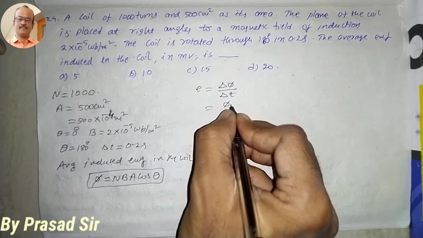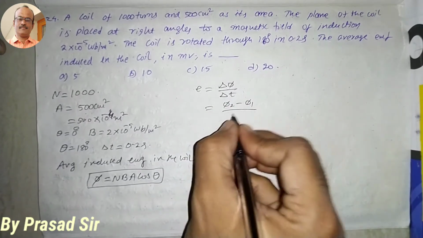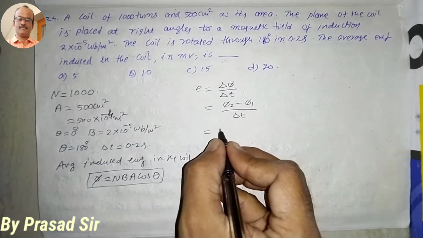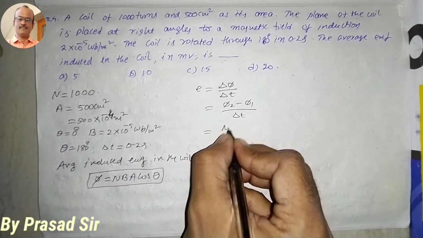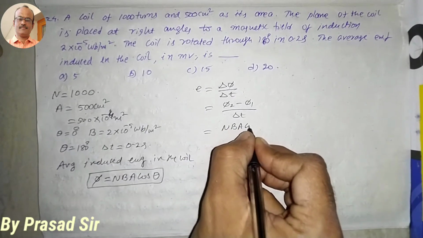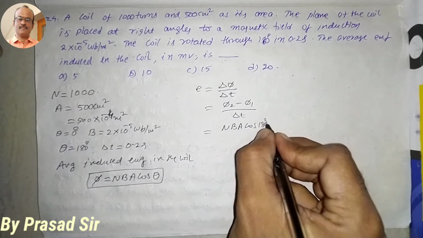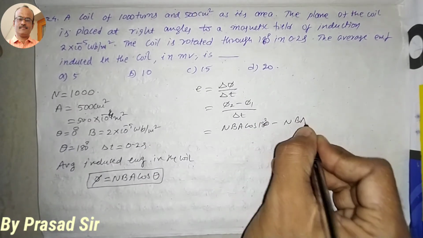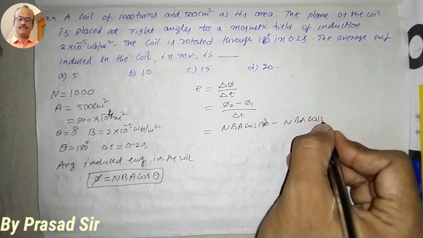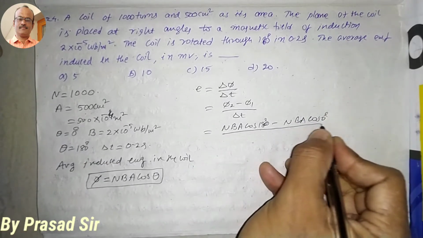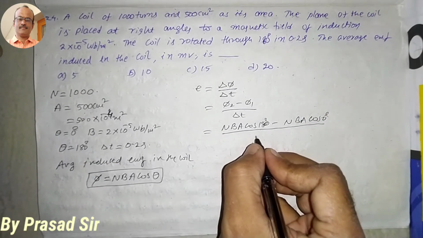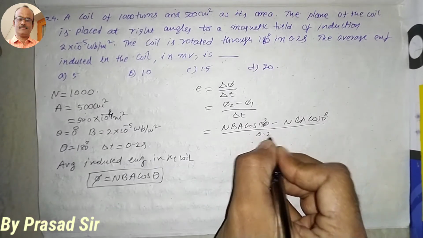It is nothing but phi 2 minus phi 1, divided by delta t. So what is phi 2 here? N B A cos 180 degrees minus N B A cos 0 degrees, divided by delta t, which is 0.2.